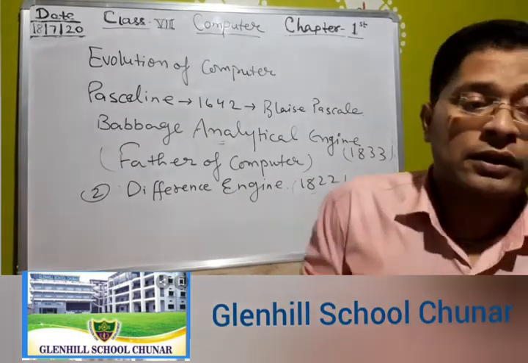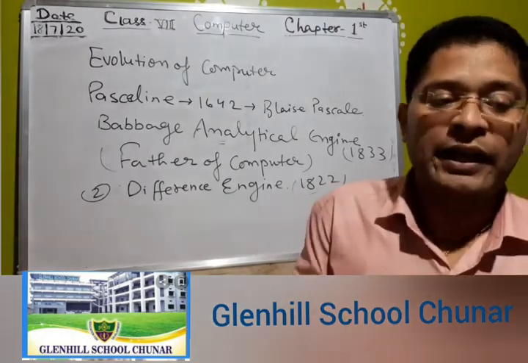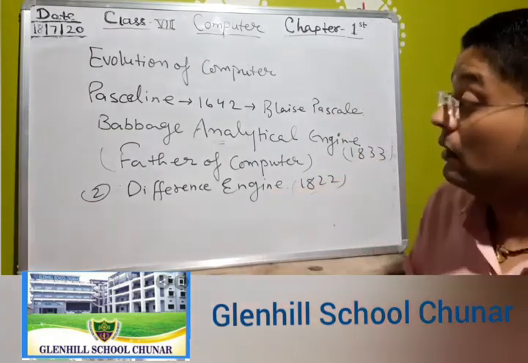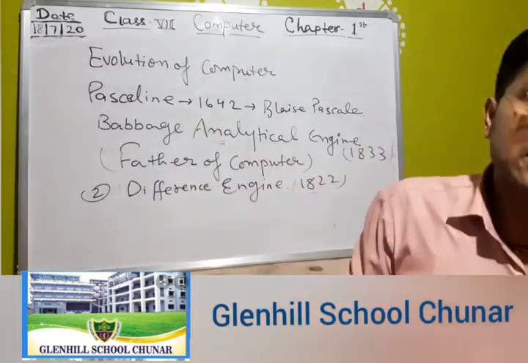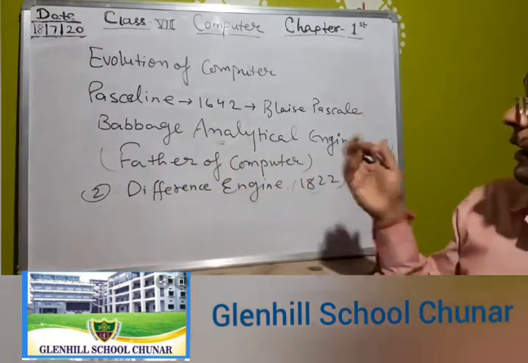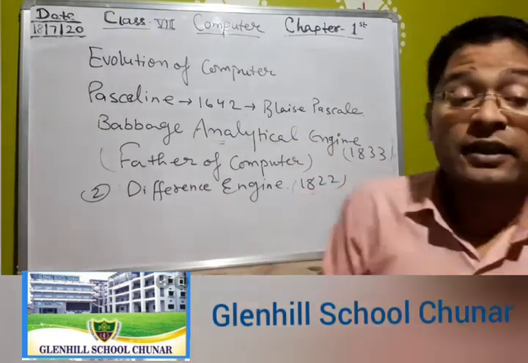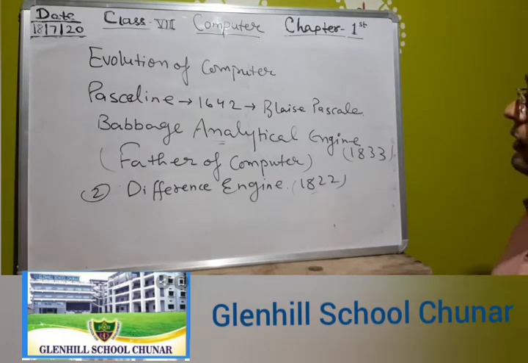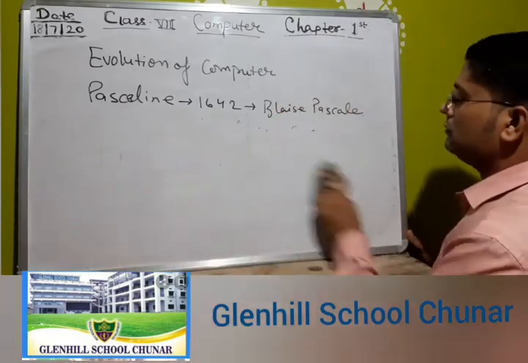It could compute tables that were guaranteed to be error free, and it was able to calculate accurately up to 20 decimal places. So this is the Babbage analytical engine.